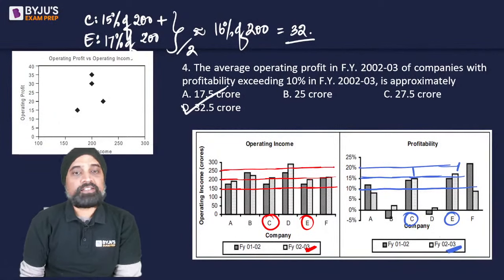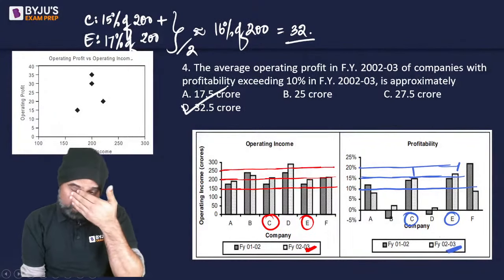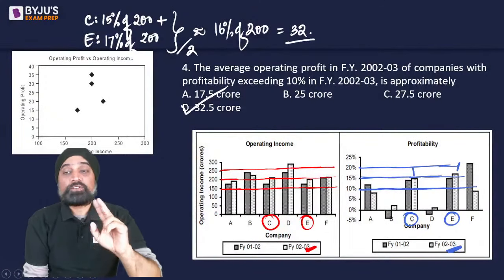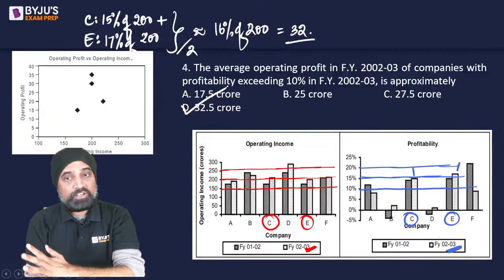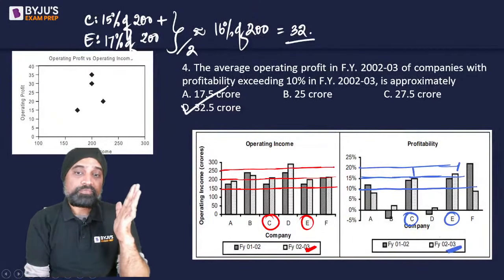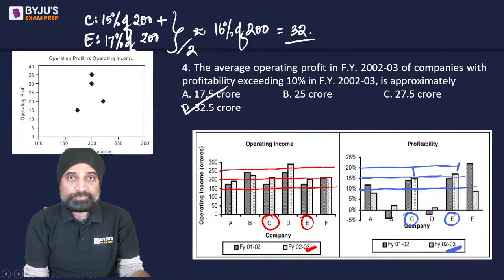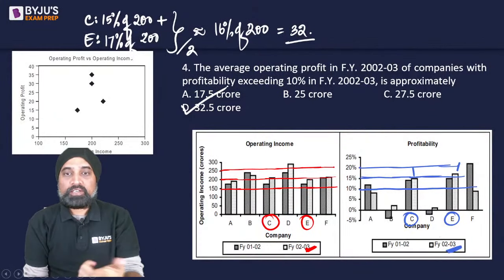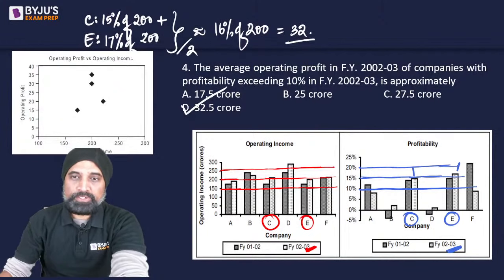So option D. So fiscal year 2002-2003, there are only 2 companies whose profitability exceeds 10%, company C and E. So their operating profit average will be profitability into operating income, like we have been doing for the last 2 questions, the calculation. And this is what we get. This is the closest I think we will be able to reach.